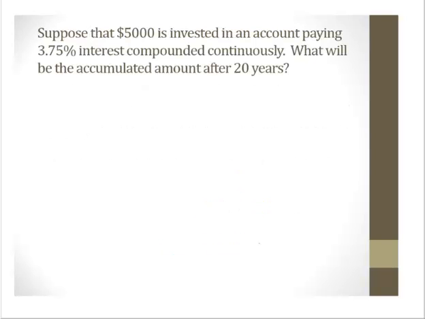Suppose that $5,000 is invested in an account paying 3.75% interest compounded continuously. What will be the accumulated amount after 20 years? So once we see continuously, I know that I'm using A equals P e to the RT.